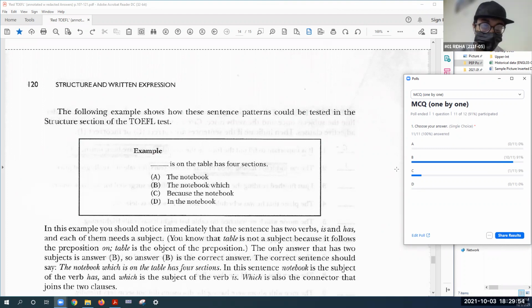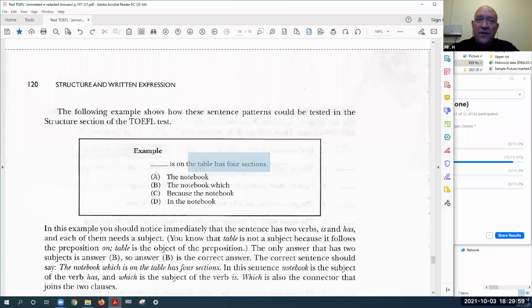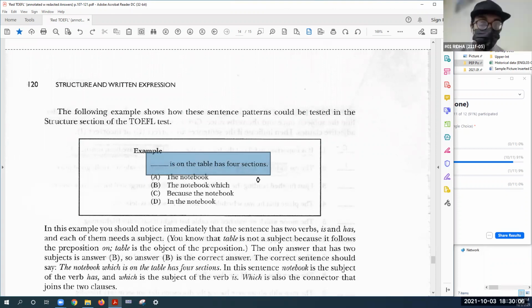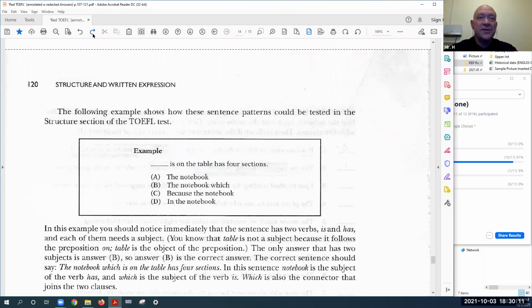So let's take a look at these. Look at this, Rita. Can you find any subjects or verbs in the sentence? I can find a verb. Is. Okay. Is there another one? Has. Now, which is the main verb? Has. So what about is?